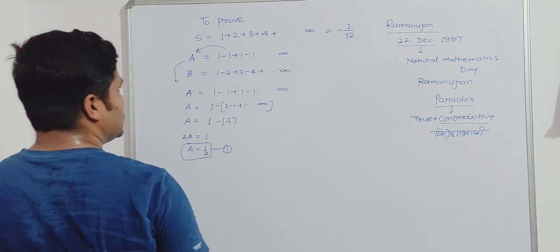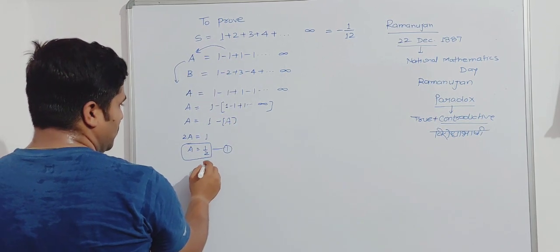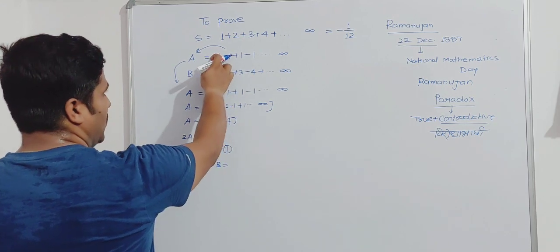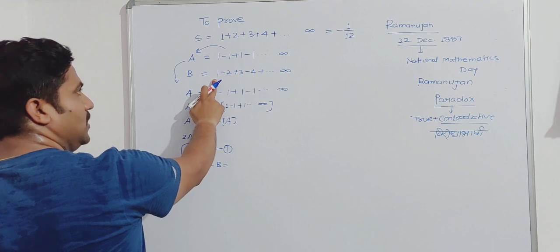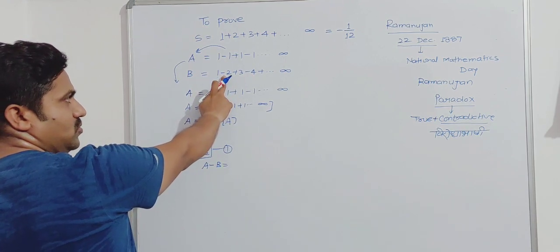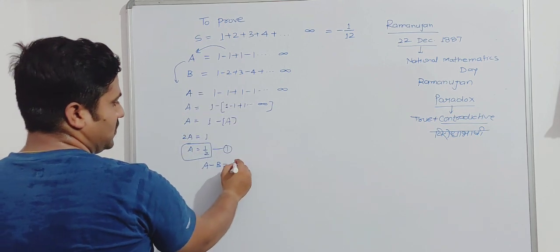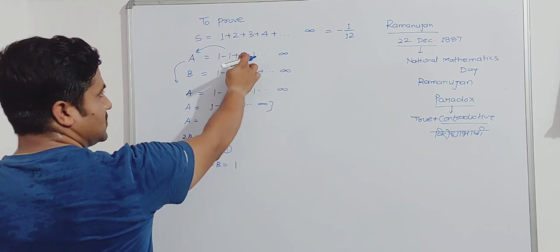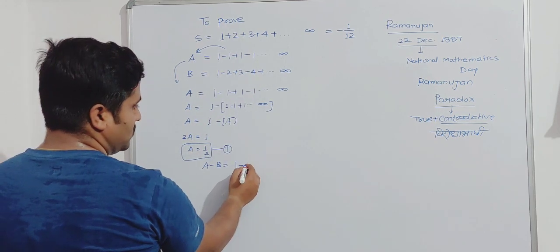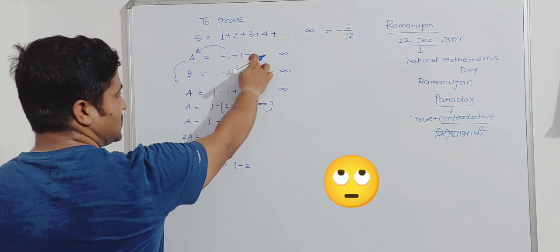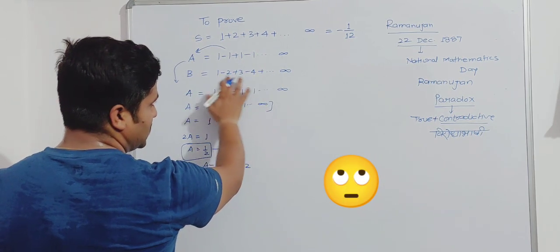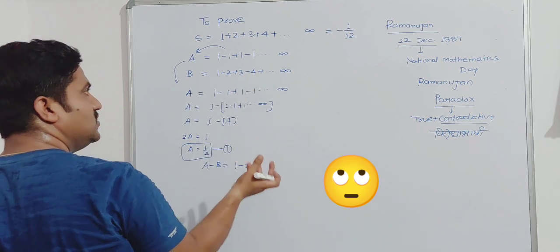So for your better understanding, A minus B is equal to, what we can write, 1 minus 1 cancels out, okay, minus 1 and this negative of negative 2 is plus 2, it will be plus 1, this minus 1 plus 1 and minus 3 minus 2, this is minus 1 and plus 4, because after subtraction the terms which are containing signs will interchange now.